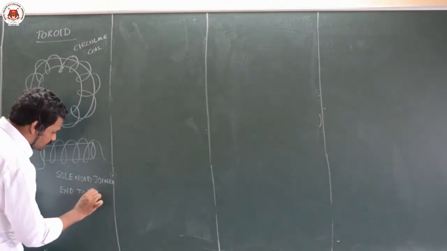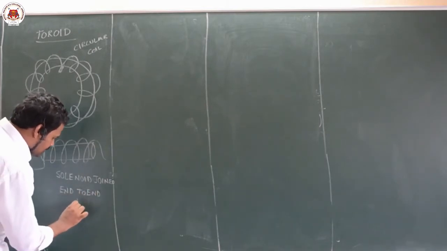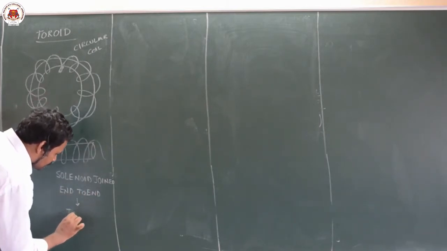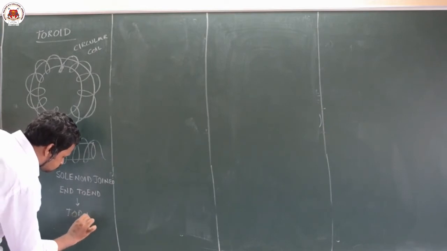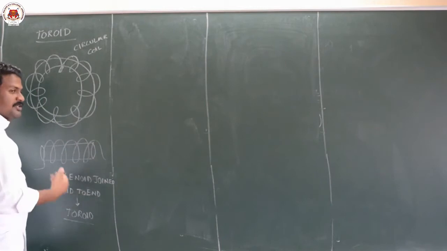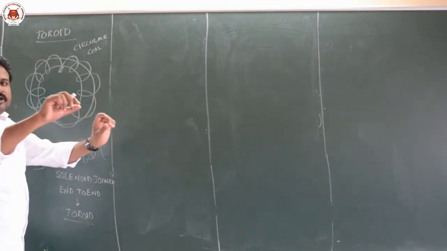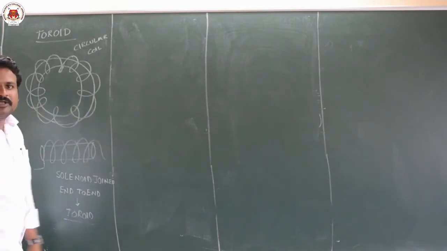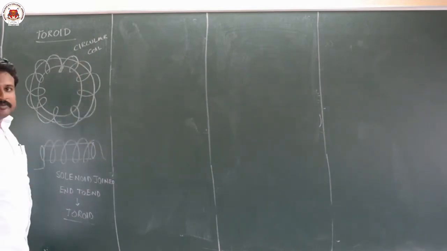A solenoid joined end to end is nothing but a toroid. You take a solenoid like this, you join end to end, it becomes one toroid.